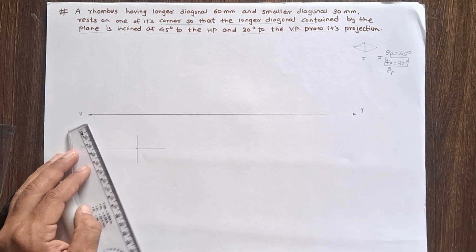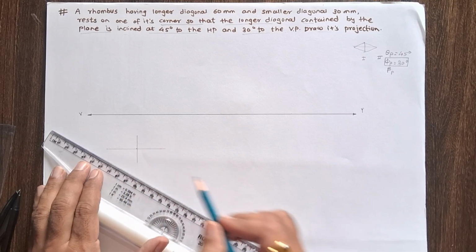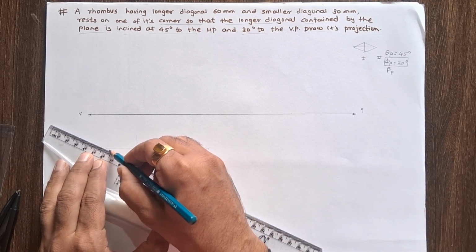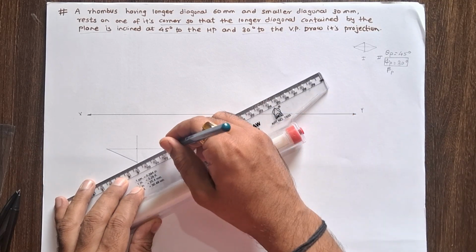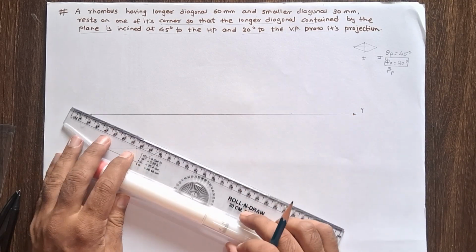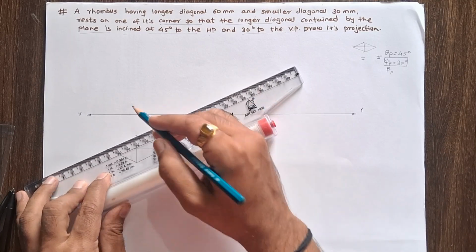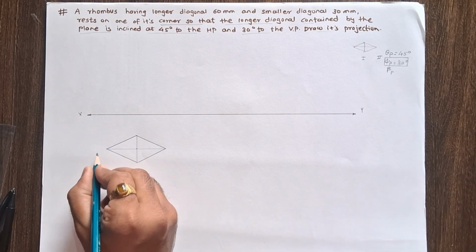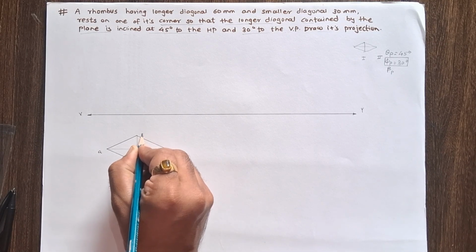So 30 mm is the smaller diagonal. Now just join the end points of these diagonals by using a thick line. So you can easily draw a rhombus. This is the stage 1 top view. Give the naming: this is A, B, C and D.